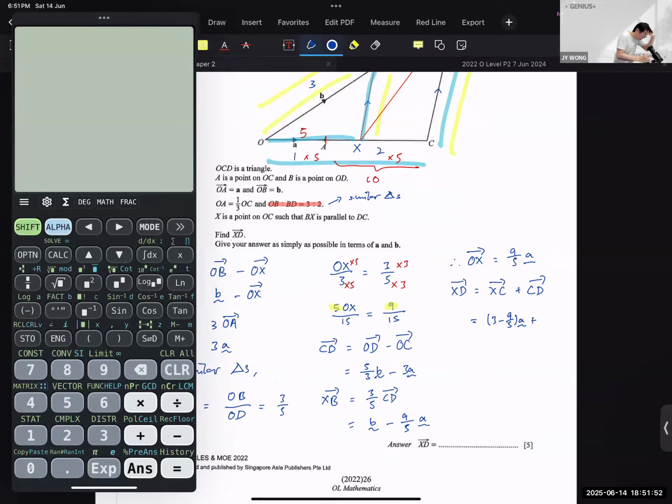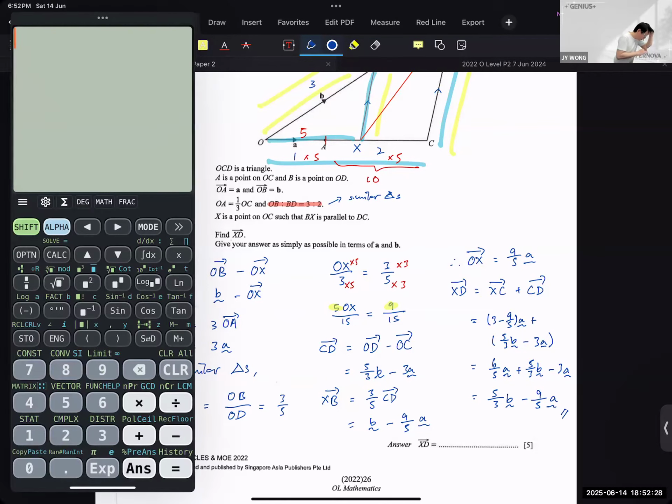Plus CD, which I already found, which is 5/3B minus 3A. Press your calculator, don't do weird things. 3 minus 9/5 is 6/5A plus 5/3B minus 3A, which will give me 5/3B minus 9/5A. And that's the answer.